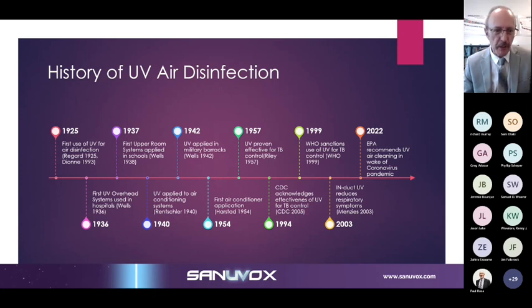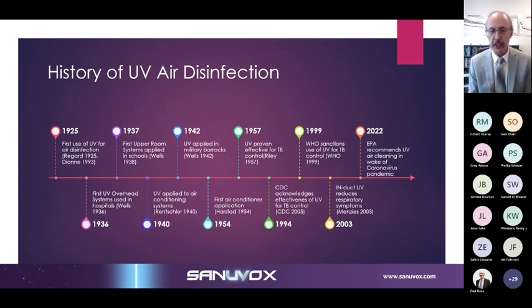In 1925, the first attempt to use UV for air disinfection was reportedly done by Regard, although it may have been done earlier in the 1920s. We don't know the exact year. The first overhead UV system was used in hospitals to disinfect the surfaces of patients' wounds, as well as disinfect the air.